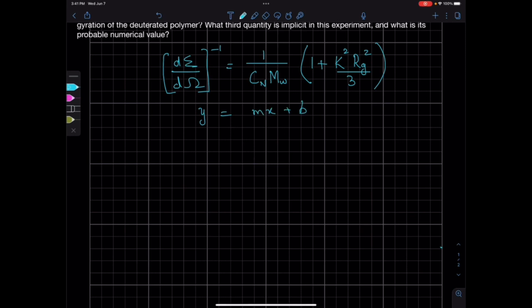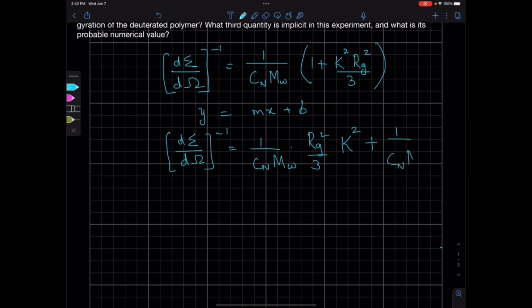So if we have a plot of d sigma by d omega to the negative 1 versus k squared, then 1 over Cn Mw Rg squared over 3 would be the slope, and 1 over Cn Mw would be the y-intercept.